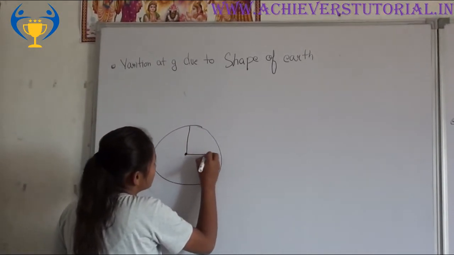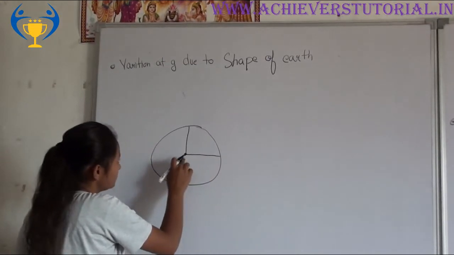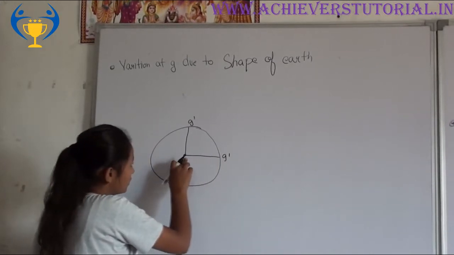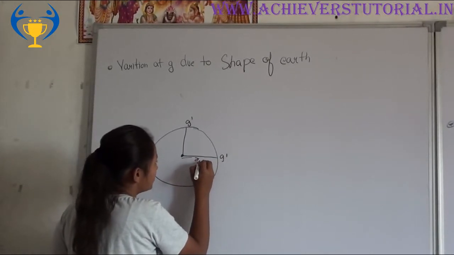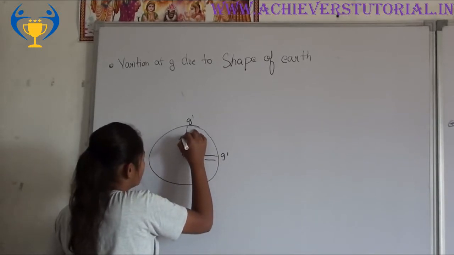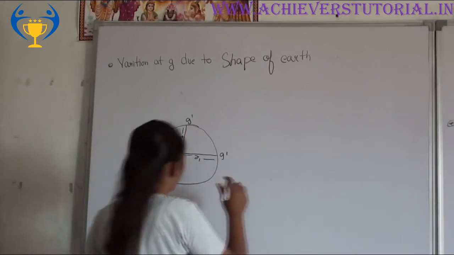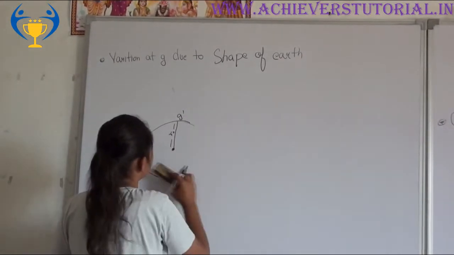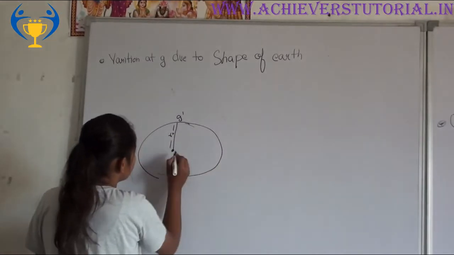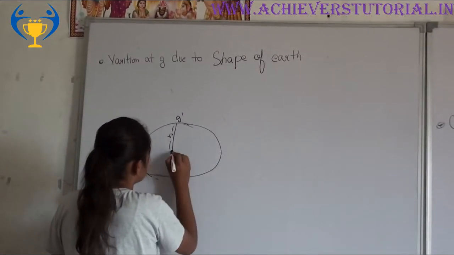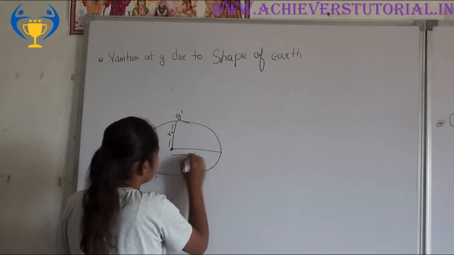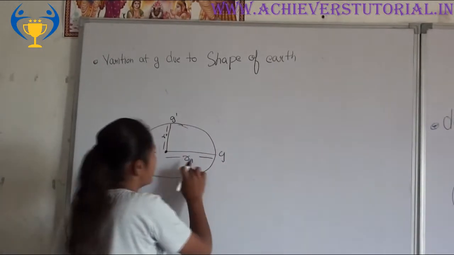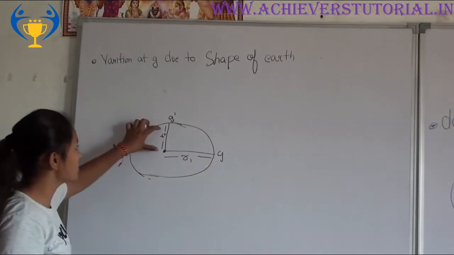From the center of Earth, take the distance to the poles and equator as r1 and r2. At the equator the distance is greater and at the poles the distance is smaller.